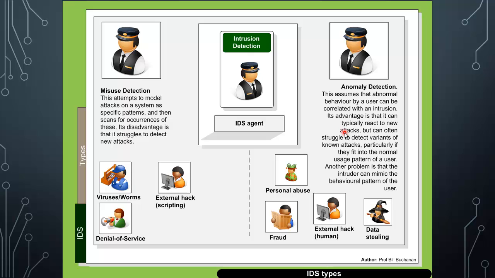It could be that the number of accesses to a certain database is 10 per day, but all of a sudden it becomes 1,000 per day. Or the amount of FTP traffic on the network increases by 20%. That can be an anomaly. And this type of system is quite good at detecting things like data stealing, an external hack from a human, fraud, and personal abuse.